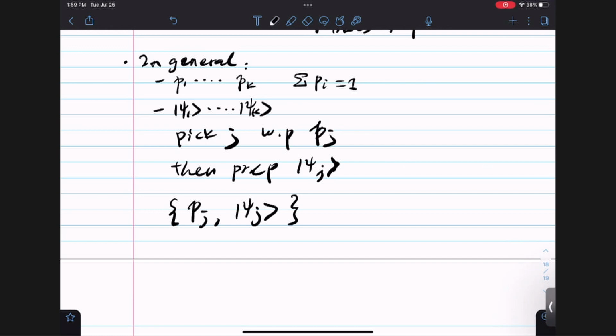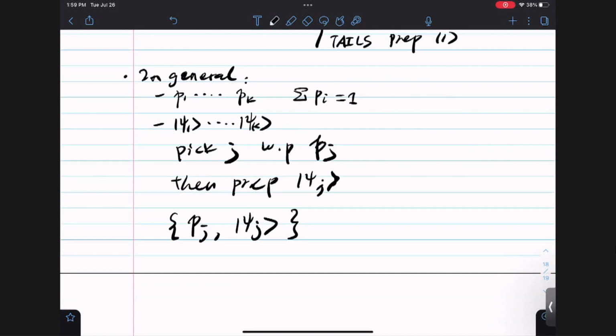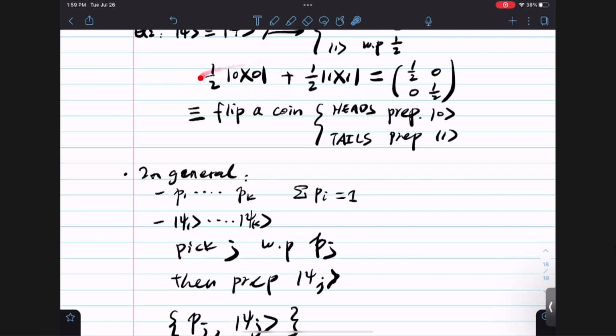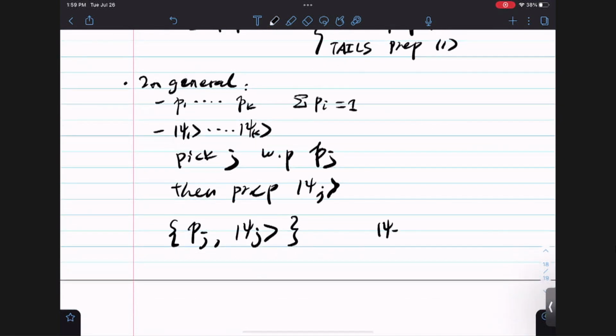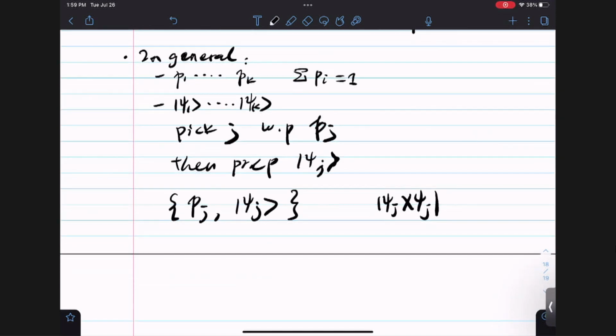But in the density matrix formalism, you can write it down compactly, following the same idea as before. We know for each j, we can write down a density matrix like this. And since each one will be chosen with probability pj, we take this weighted average, and this whole thing will be the density matrix describing this system.